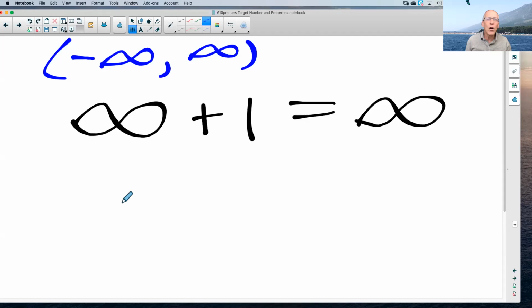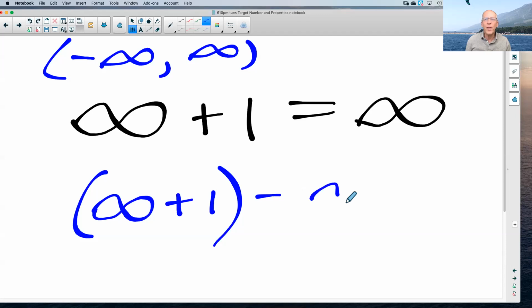But if you take Audrey's comment and you say infinity plus 1, take away infinity here, right? Because if they're equal, then you would end up with 1, okay?